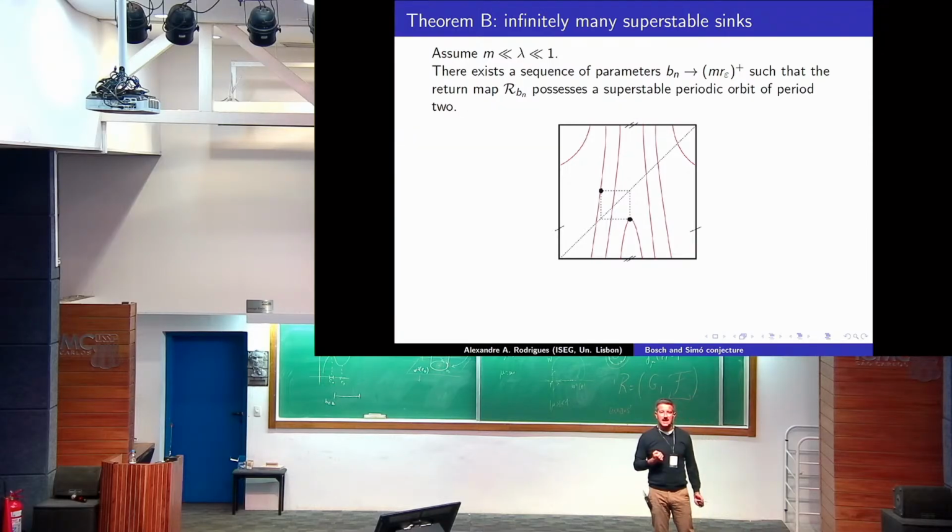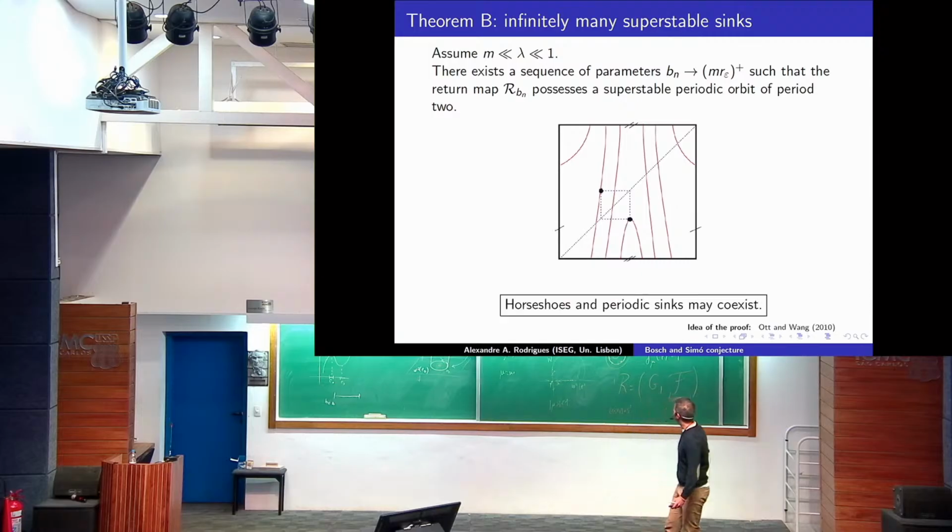Super stable, why? Because the periodic orbit of period 2 is formed using a critical point in which the derivative is 0. It's just an application of the chain rule. So horseshoes and periodic sinks may coexist.